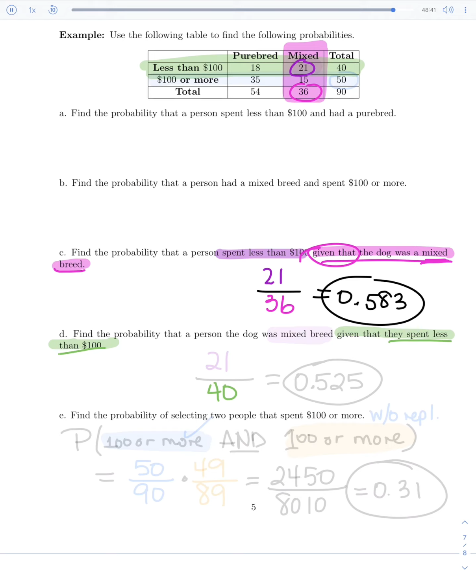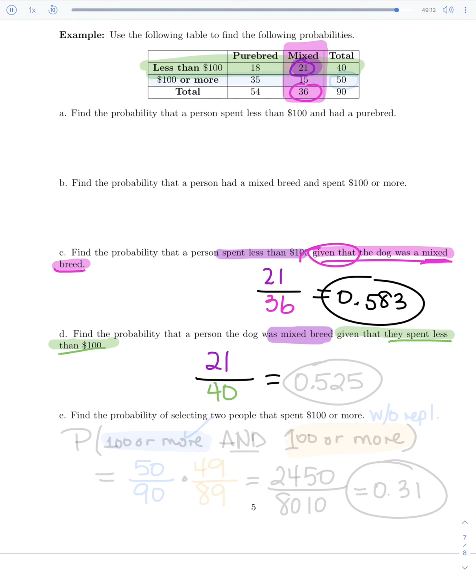Now, of those 40 people that spent less than $100, what I care about is how many of those were a mixed breed. Well, how many of the people who spent less than $100 were a mixed breed? Well, that's that 21 again. So we're getting the same top number, the 21. The difference is I'm only tunnel visioning out to looking at those who spent less than $100, which was that there's only 40 of those.